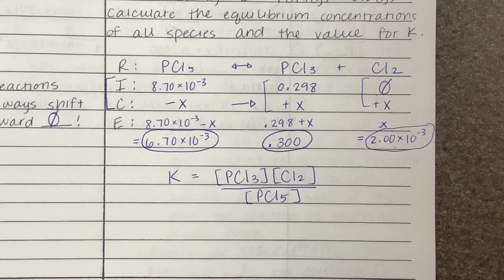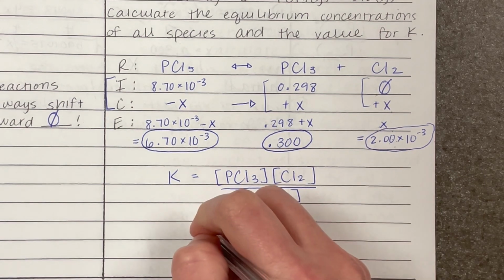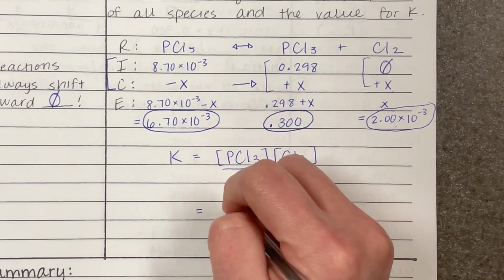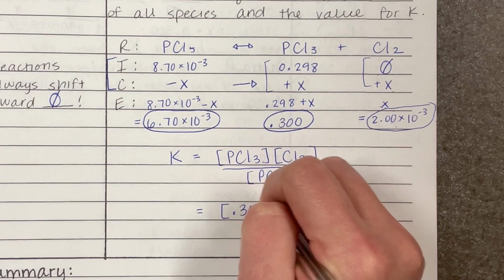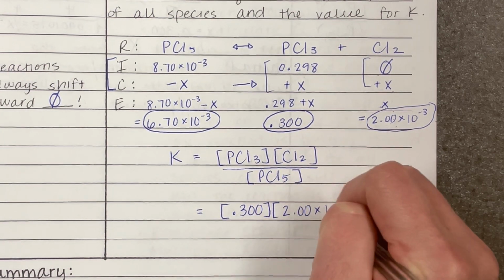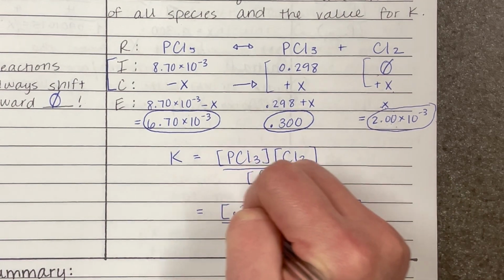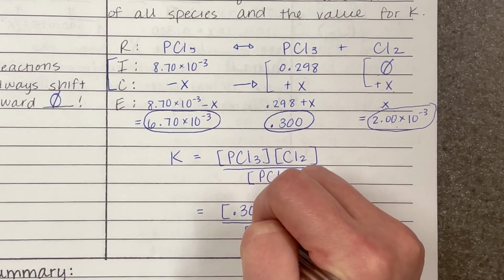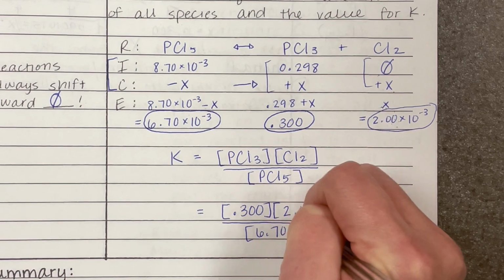So there's my equilibrium expression, and I have equilibrium values that I can substitute in here. So I'm just going to drop those numbers in, 0.300, 2 times 10 to the negative third, over 6.7 times 10 to the negative third.